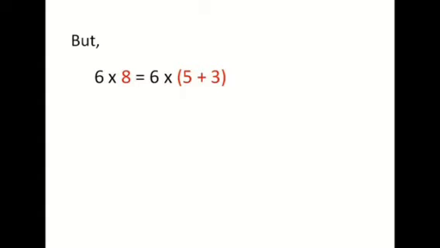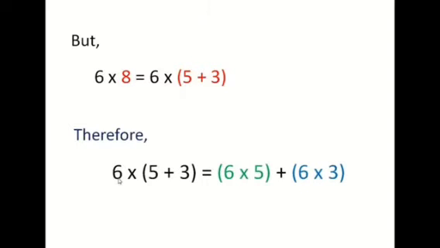Now instead of 6 into 8, I can use this expression: 6 into 5 plus 3 is equal to 6 into 5 plus 6 into 3. So therefore we can write that 6 into 5 plus 3, what we have expressed right now, is equal to 6 into 5 plus 6 into 3.